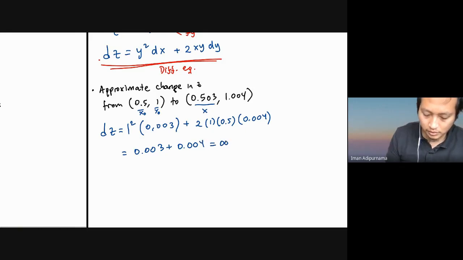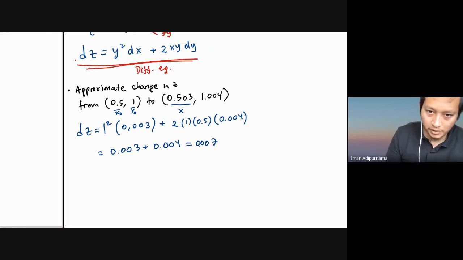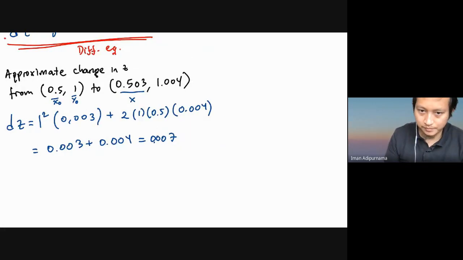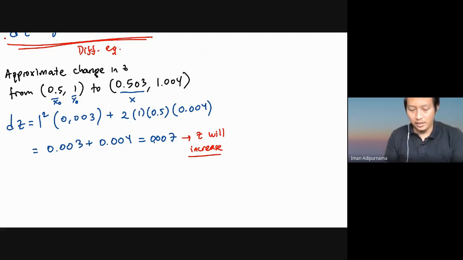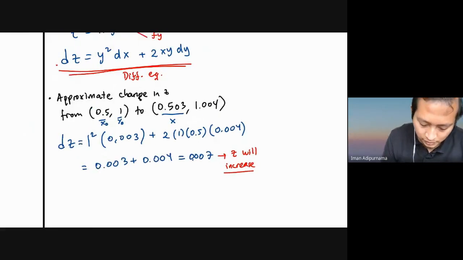So we can get 0.007, which means z will increase. Okay. If, for example, this becomes 0.998, it will be minus, right? Here will be minus.